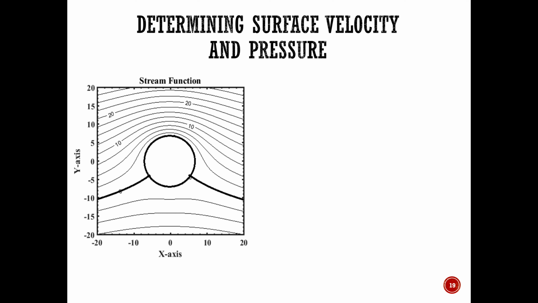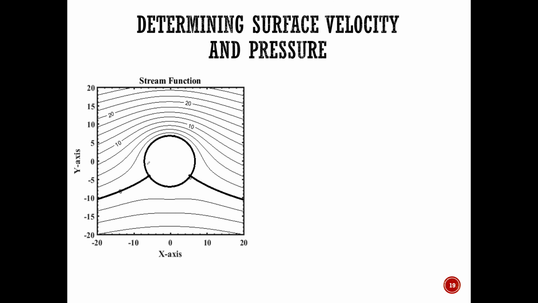Or let's ignore drag for now. Let's just see if we can predict lift. Okay. So in order to do that, you need the surface velocity and surface pressure, right? And in order to do that, you need the stagnation points on the surface in the first place. So again, use the same procedure to get these stagnation points and the surface streamline.